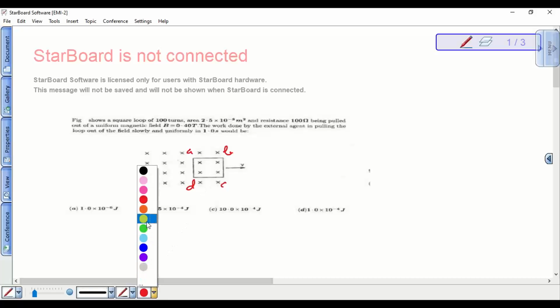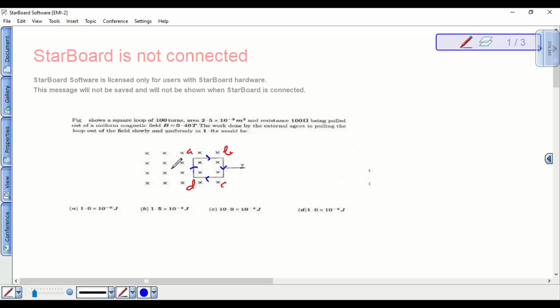Because the flux is decreasing in magnitude, if we take the area vector of this loop going in the same direction as the external magnetic field B, an induced current flows in the loop in this sense, so that a magnetic field in the same direction, going into the plane of the page, is produced.